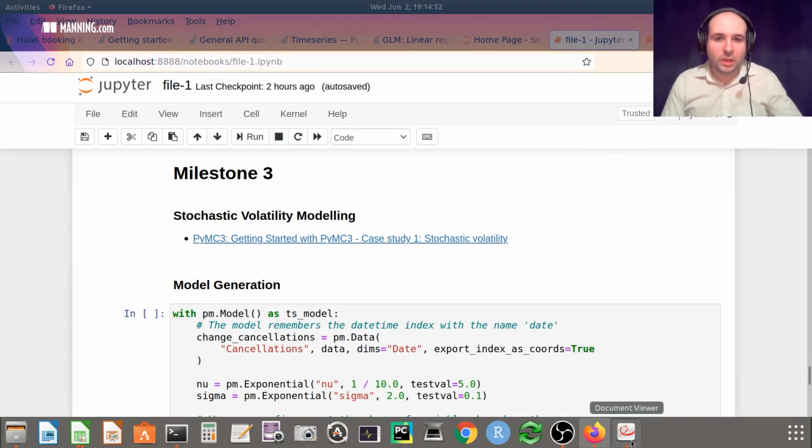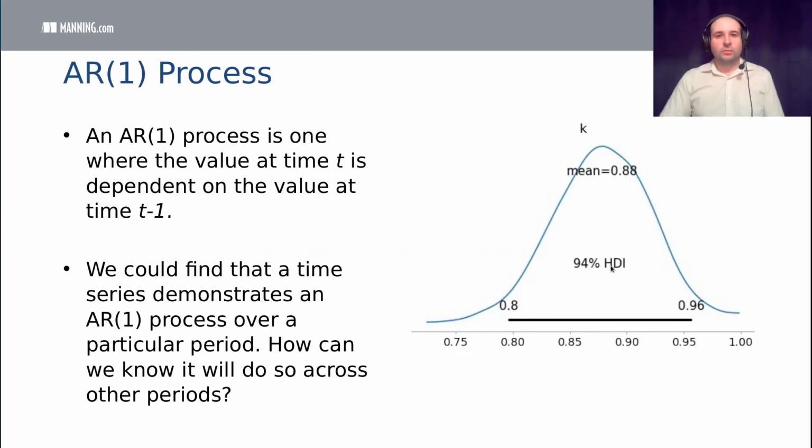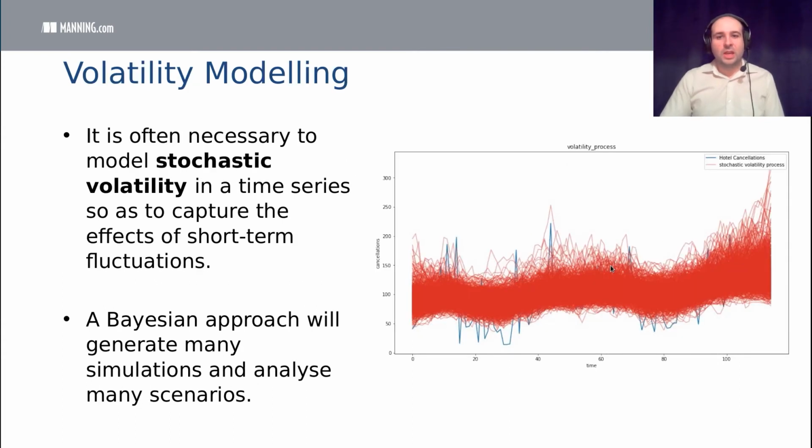Now, what we can also do, again, looking at this from a time series perspective, is volatility modeling. The example given in the PyMC3 documentation, which is quite an interesting example, is that of using stochastic volatility to analyze stock returns. Now, in any time series, there's going to be a lot of noise in the short term.